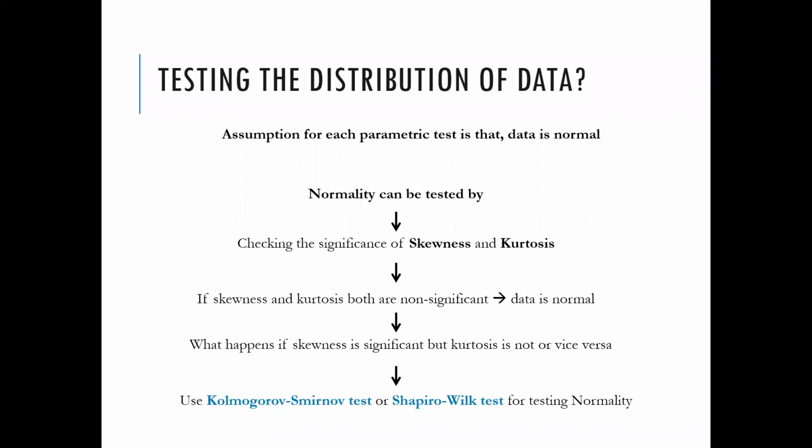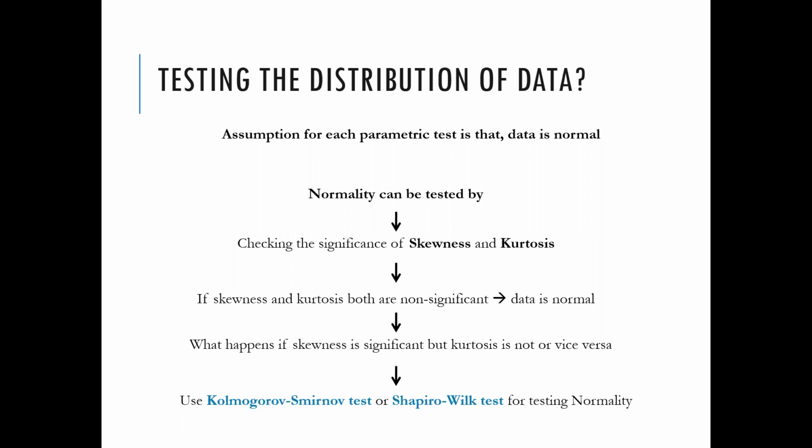So how do we test that our population distribution is normal? We can check the significance of skewness and kurtosis. If you remember, skewness is when a distribution is not normal, and it might be pulled to the right and be right or positive skewed, or pulled to the left and be left or negative skewed.